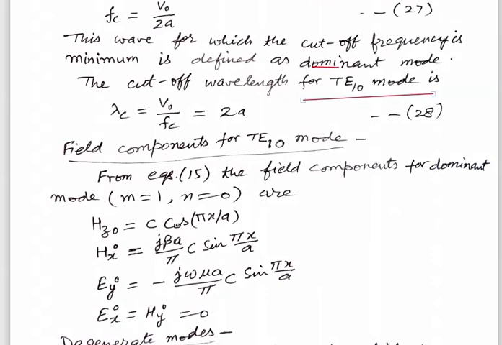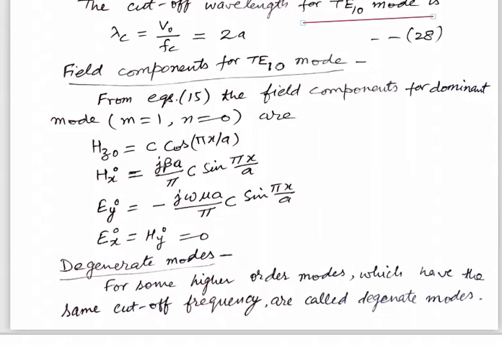Now from equation number 15, we can also obtain the expressions for the various field components for the dominant TE10 mode in the rectangular waveguide by substituting m equal to 1, n equal to 0, and also substituting the value of h square, which is equal to the sum of the squares of the terms n pi upon b and m pi upon a.